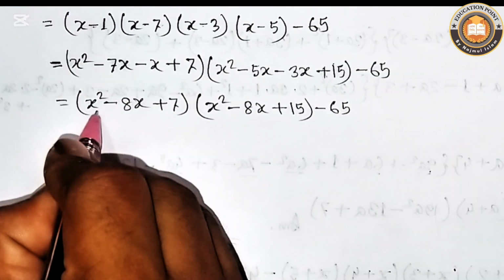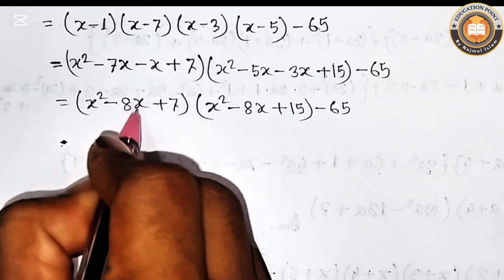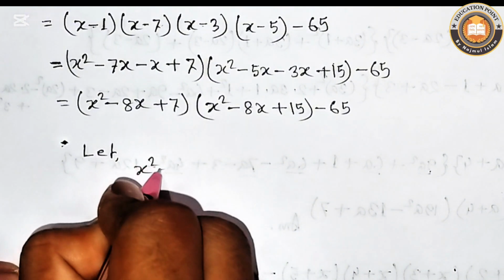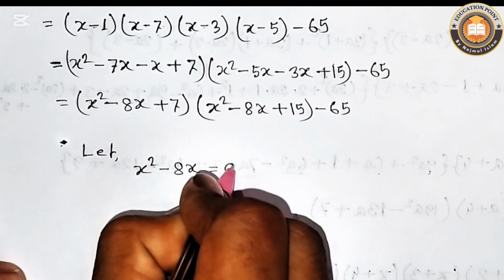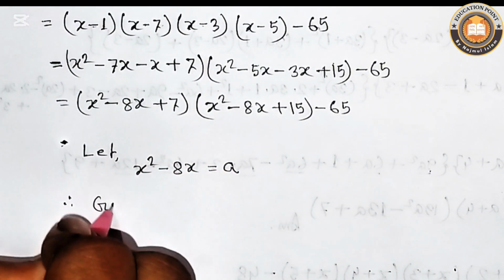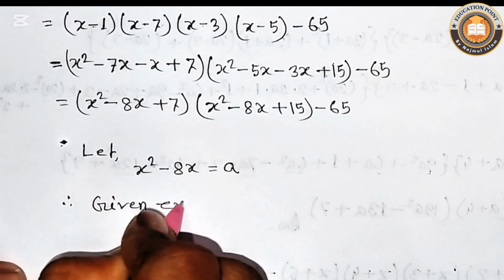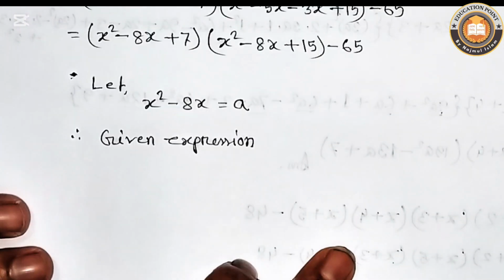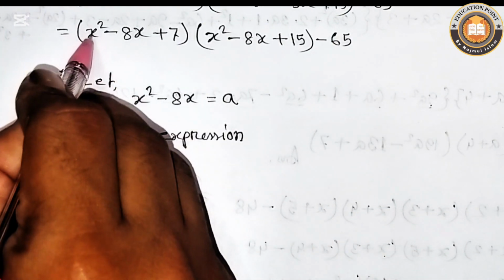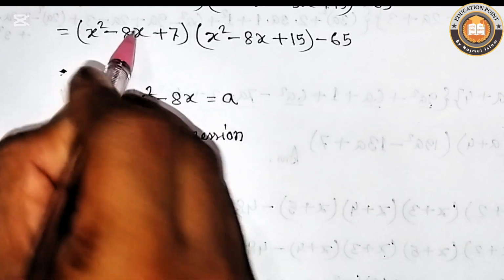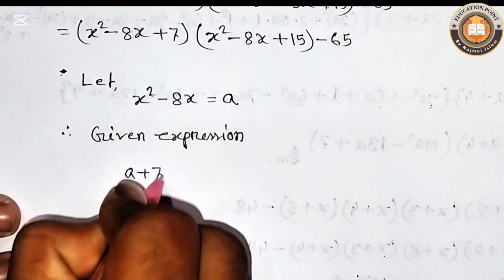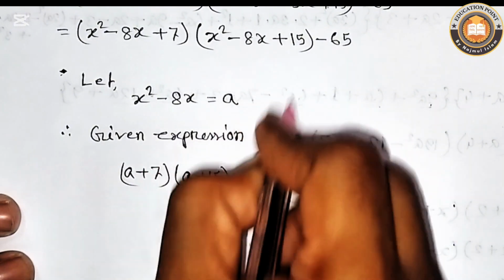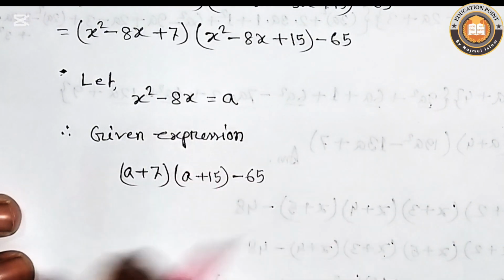minus 65. Here x square minus 8x is considered as a. Let x square minus 8x equal a. So the given expression becomes a plus 7 into a plus 15, then minus 65.